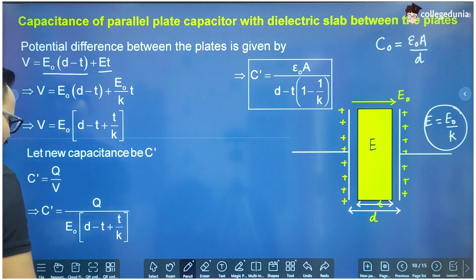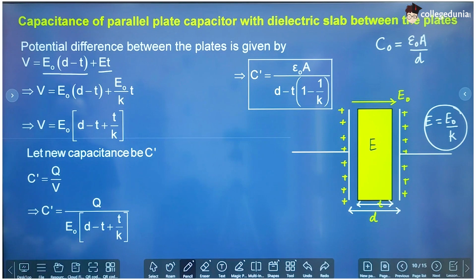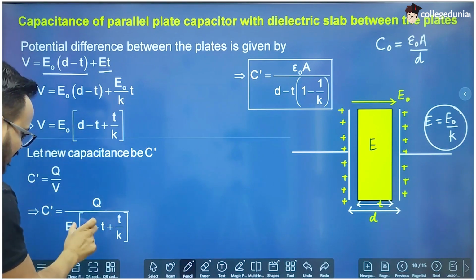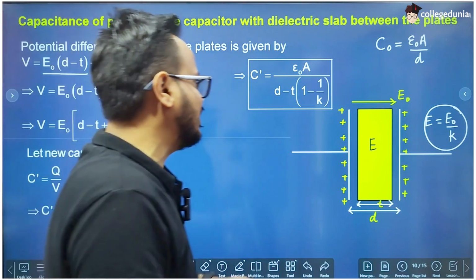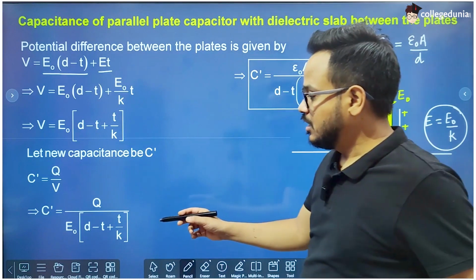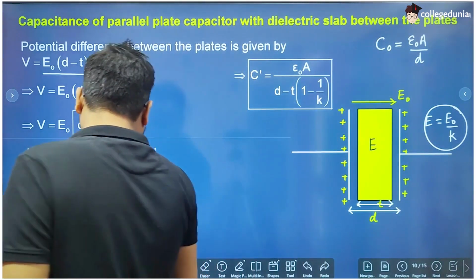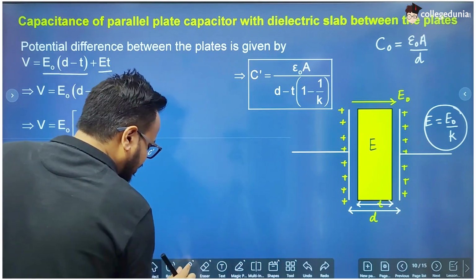Now the new capacity will be given as C dash, which is Q by V, and this is the new V. So let us put this value in place of V, Q by E naught into D minus T plus T by K. Since this E naught is what? One step is missing, I'll just write that step.